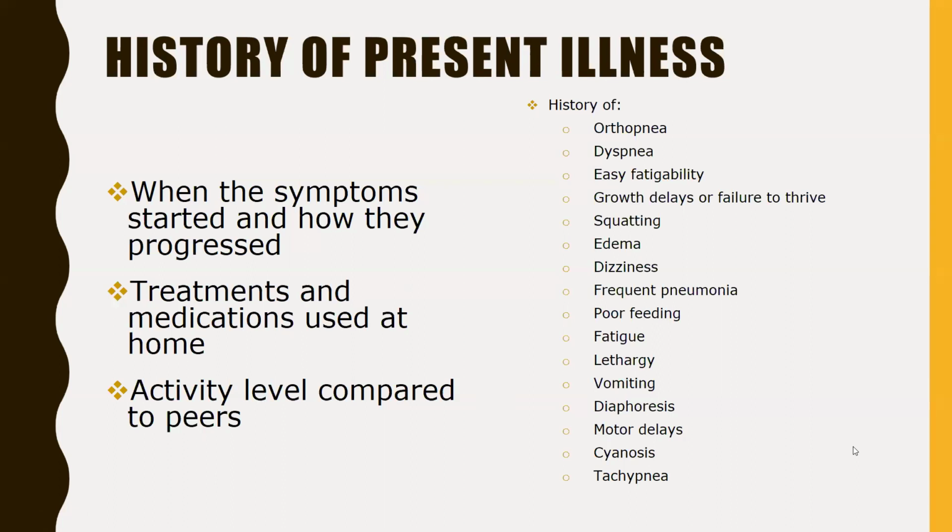Does this child have a history of orthopnea, dyspnea, easy fatigability, growth delays or failure to thrive, squatting, edema, dizziness, frequent pneumonia, poor feeding, fatigue, lethargy, vomiting, diaphoresis, motor delays, cyanosis, tachypnea?